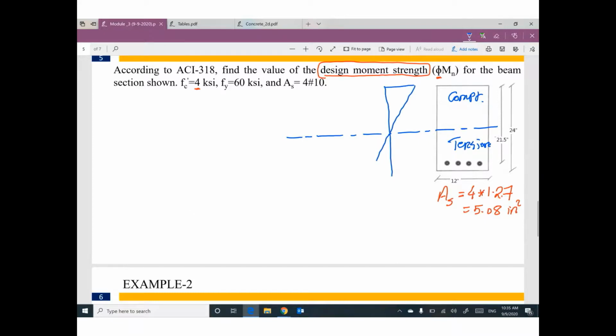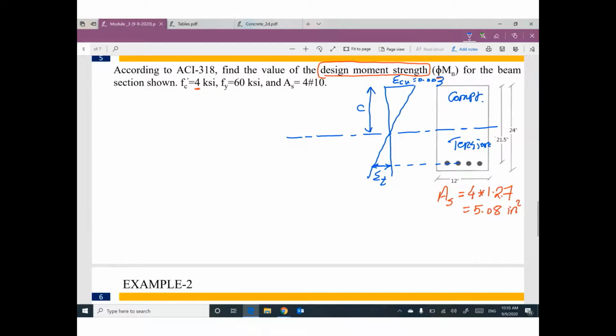This is the strain at this location, called epsilon tension in steel. The strain at this location equals epsilon concrete ultimate, equal to 0.003.